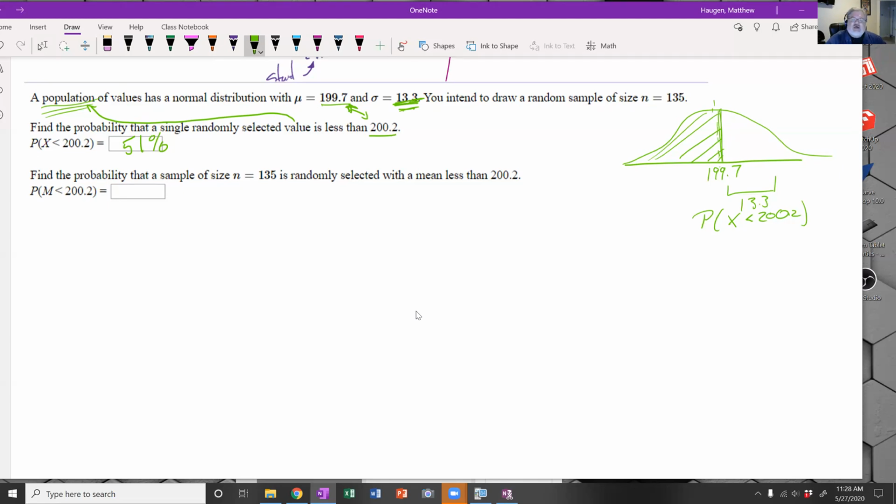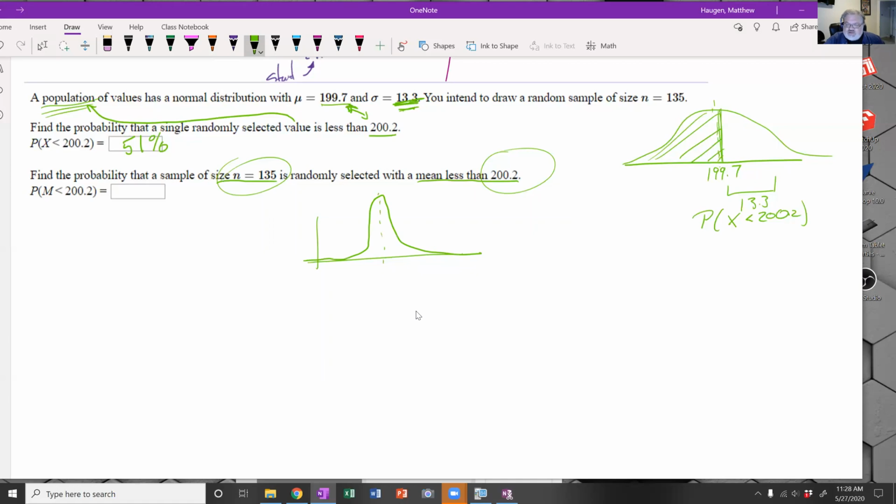Yes. Then the second part, find the probability that a sample of size 135 is randomly selected with a mean of 200.2. So again, we're not finding a value at 200.2. We've taken a sample of size 135 and found that the sample mean is less than that value. So it's a much tighter distribution.